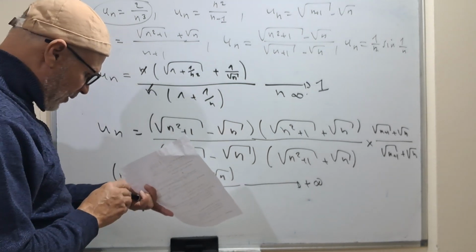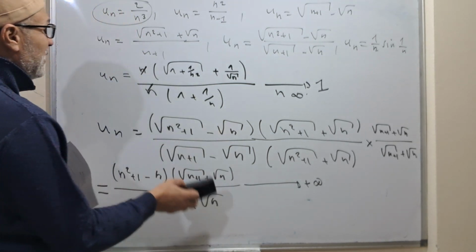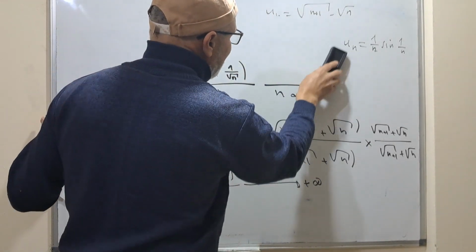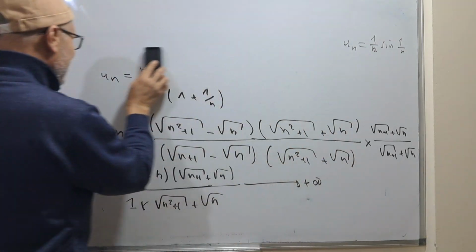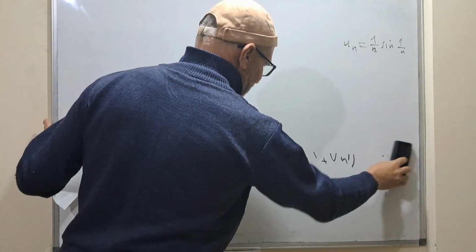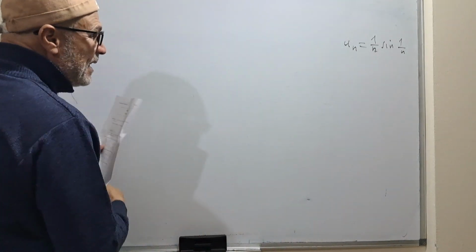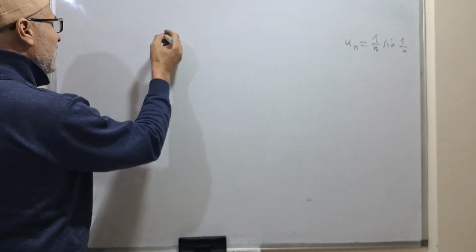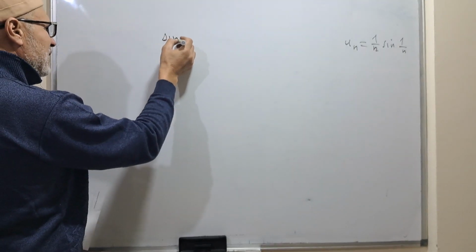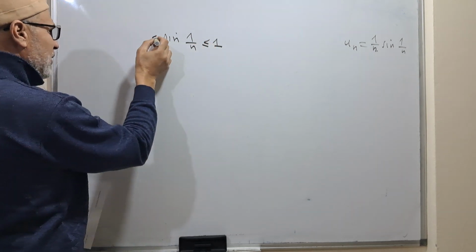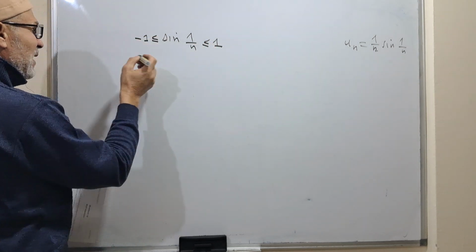The last one for this exercise and for this video, here we use the squeeze theorem technique. We have sine 1 over n is less than 1 and greater than minus 1.